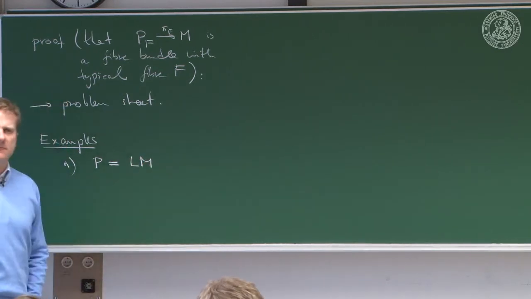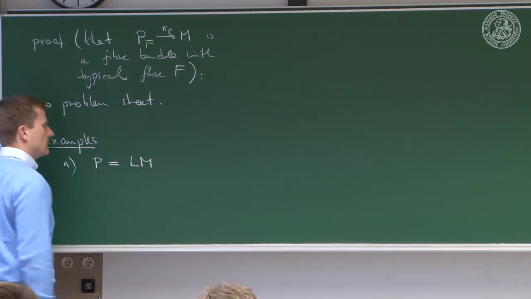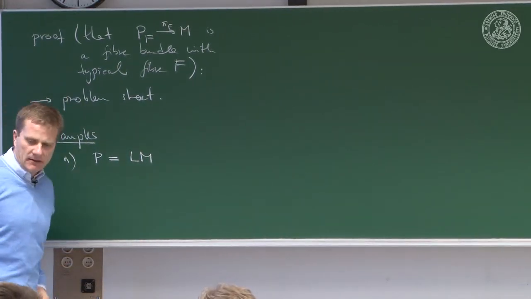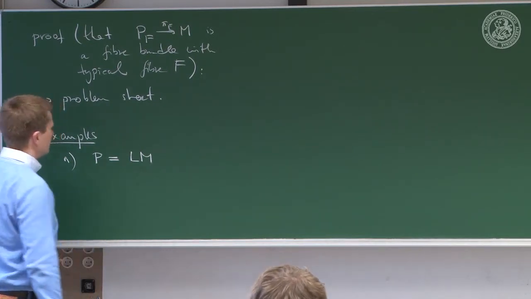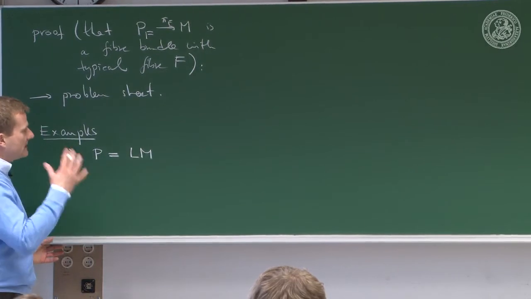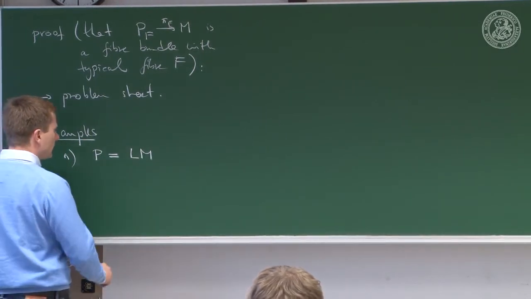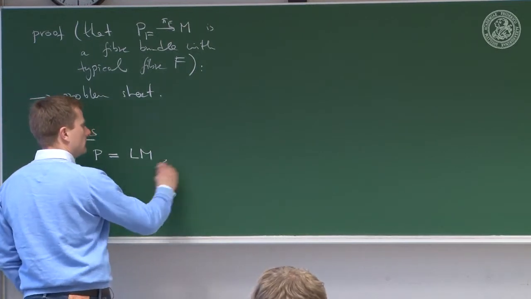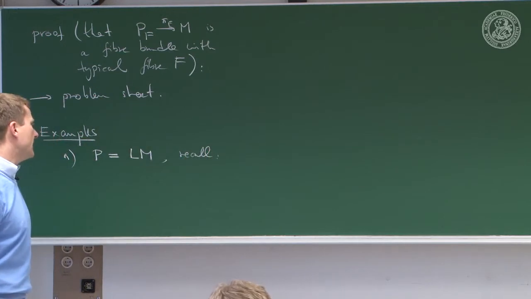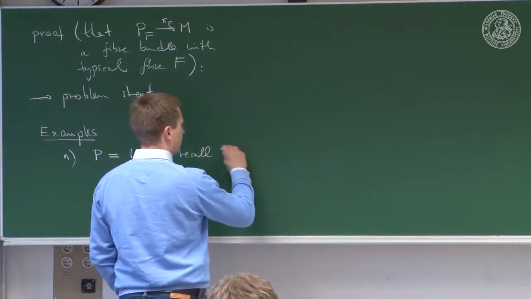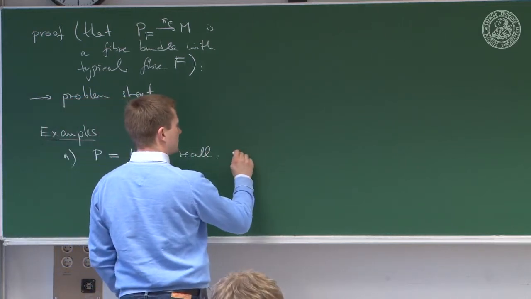You remember LM was the frame bundle: at every point of the manifold, you look at all bases of the tangent space, and that is then the fiber. That's the frame bundle. Okay. Now we recall that if you have the bundle, then of course you have your projection map of the bundle and so on, and you have a right action.